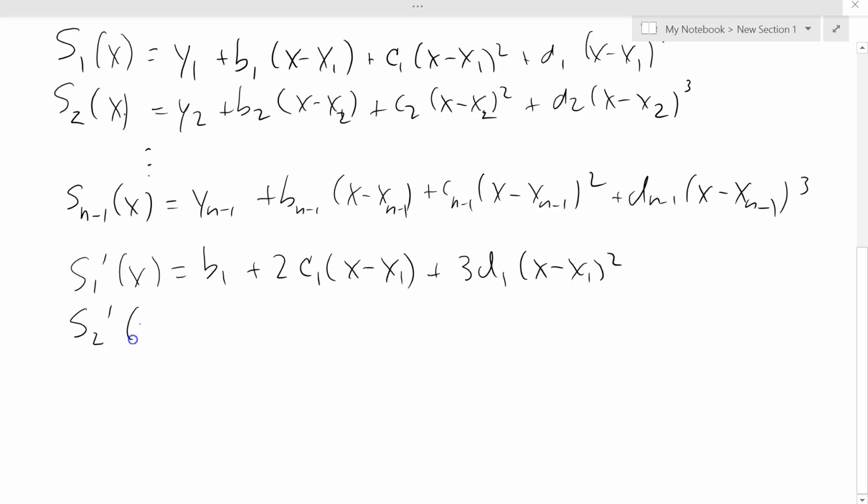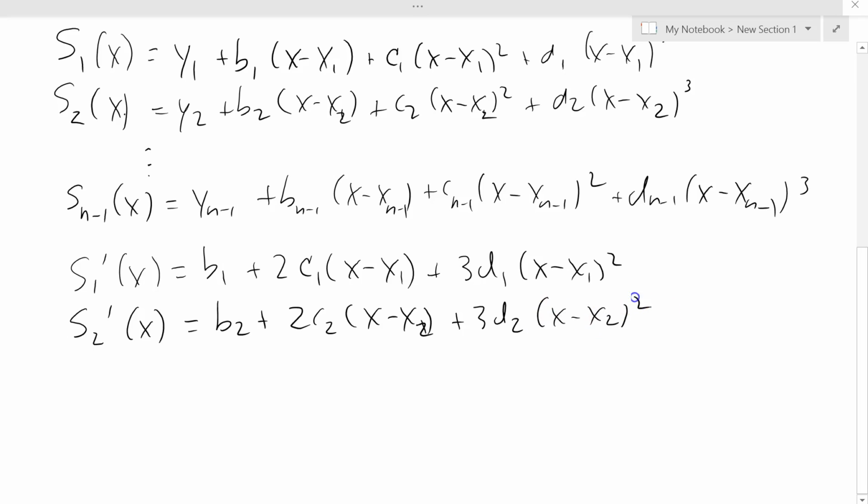The next one would be S2 prime. You would have b2, a 2c2 times x minus x2, and a 3d2 times x minus x2 squared. And then so on down the line.